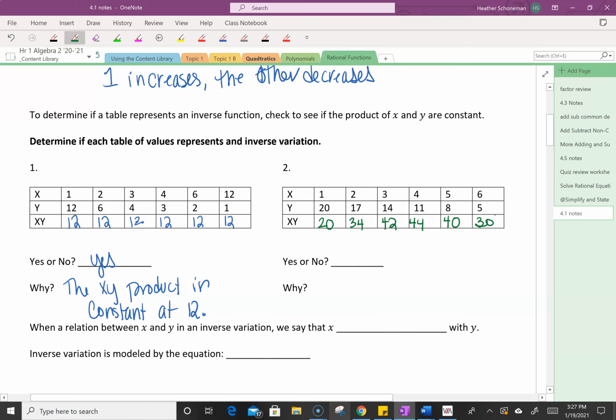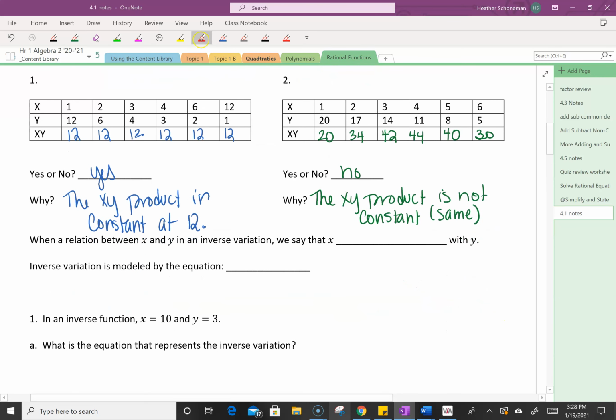So is this an inverse variation? And the answer is no. And this time, our reason is the xy product is not constant or the same.